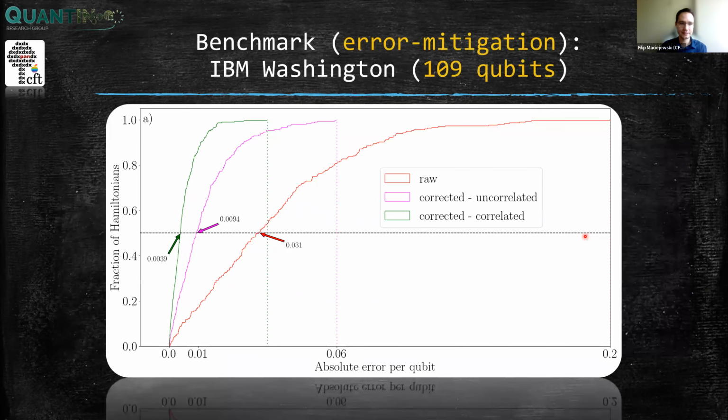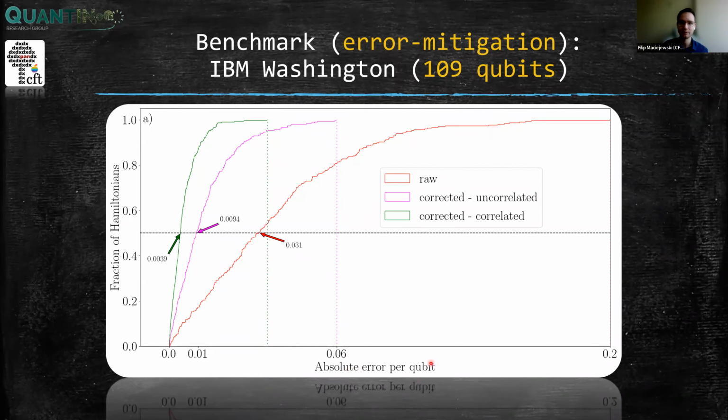All right, so the last slides are with the experimental results. Again, on IBM, we did experiments on 109 qubits. What you can see is again a cumulative histogram, like on the first slide. So the x-axis is absolute energy error per qubit.